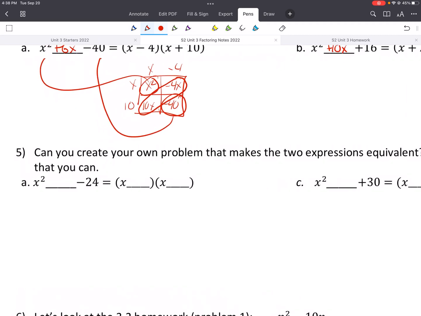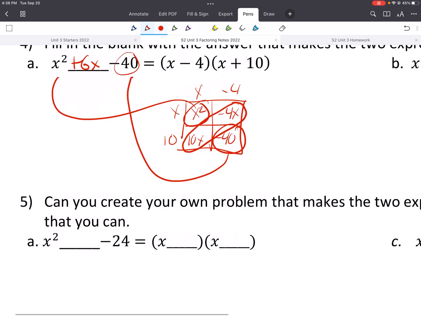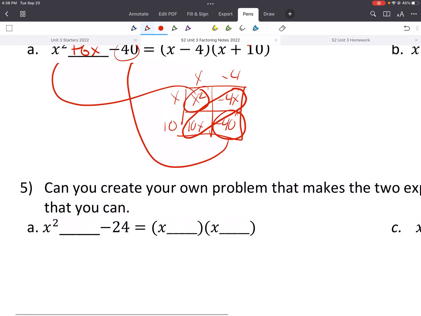If you want to think about it, we came up with the 40 because we multiplied these two things, right? We used the box or whatever, but we multiplied them together, and that gave you that negative 40. So here, this is more open. I think it's almost easier, is we just need to find two things that multiply to negative 24. So that could be lots of things.